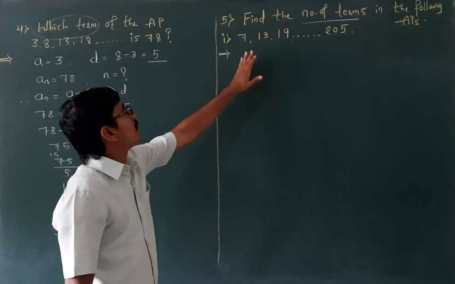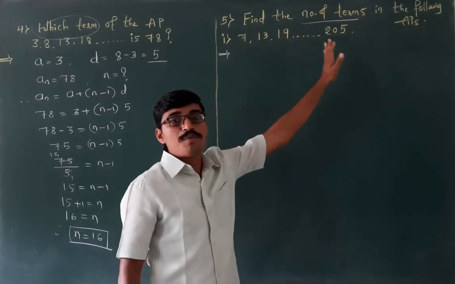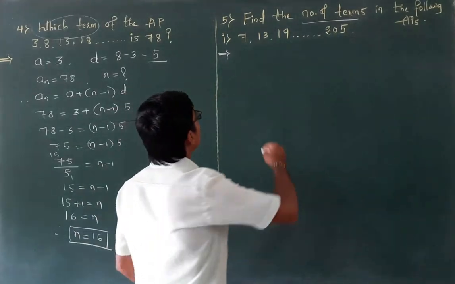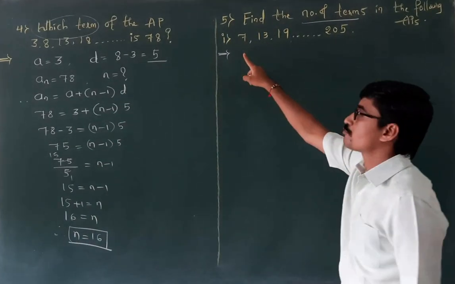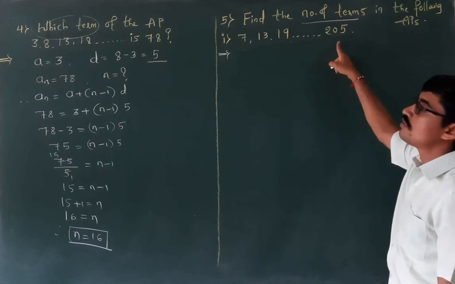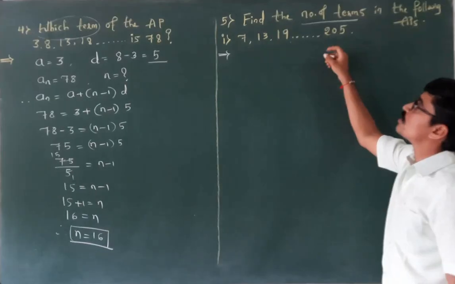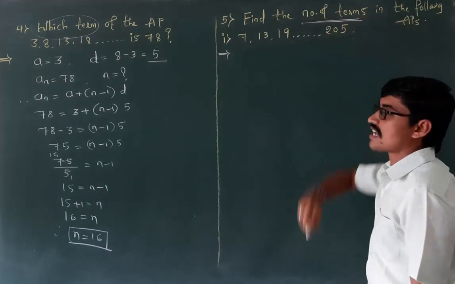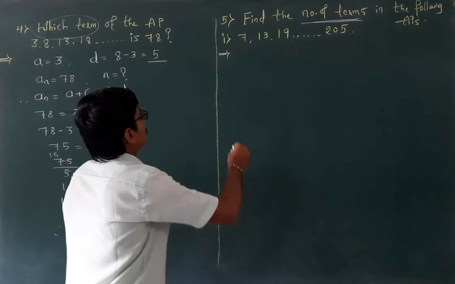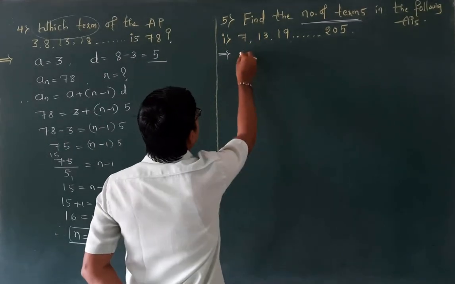Now, problem number 5. Find the number of terms in the following APs. The question is 7, 13, 19 up to 205. So here the number of terms is asked. Number of terms means n is equal to question mark. So I will write the given things.